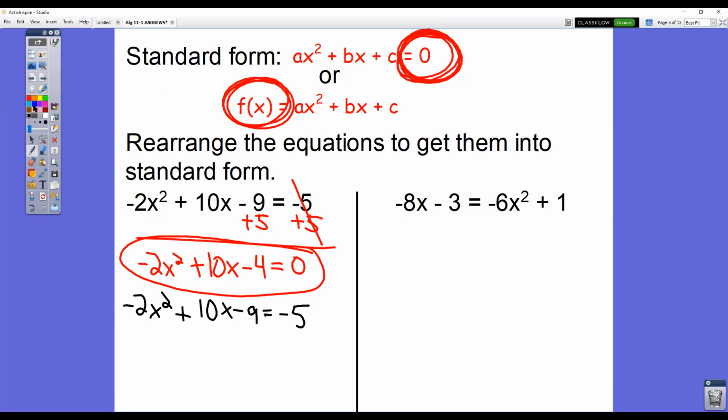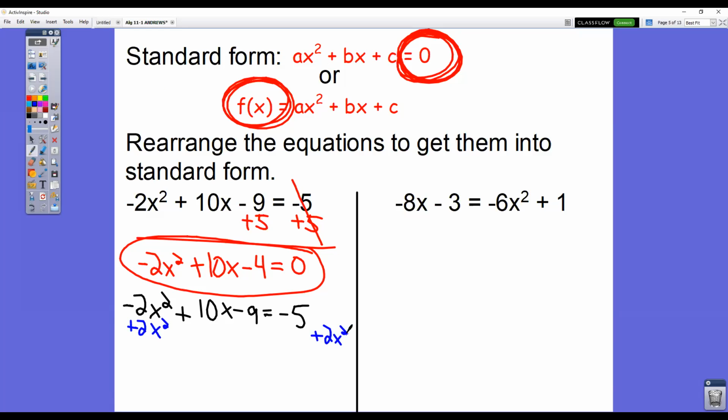Instead of getting everything over to the left-hand side of the equal sign, I could get everything over to the right-hand side of the equal sign if I really wanted to. I don't, but here we go. We could do plus 2x squared and plus 2x squared. Now, notice that I did not write the plus 2x squared underneath the -5.